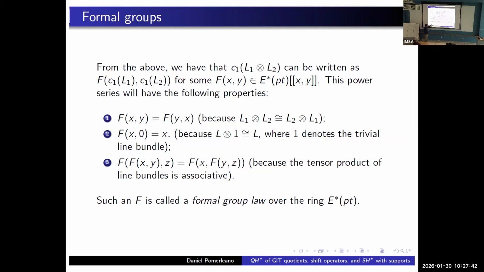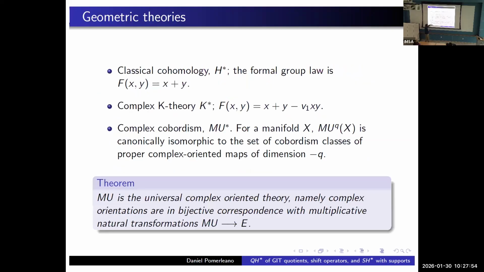That was the key ingredient in the argument. So we have this formal group law, which is some power series in whatever your coefficient ring is, adjoined two variables x and y. The classical cohomology theories have well-known formal group laws.